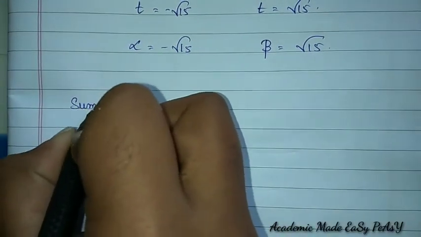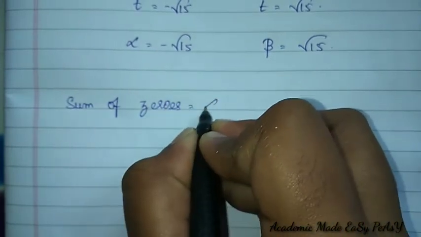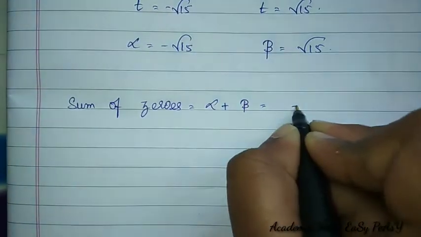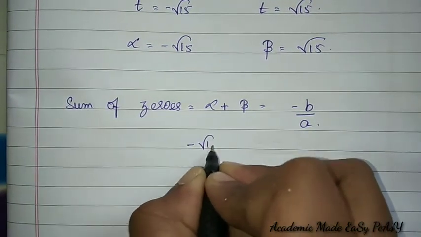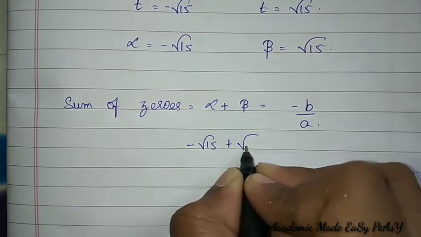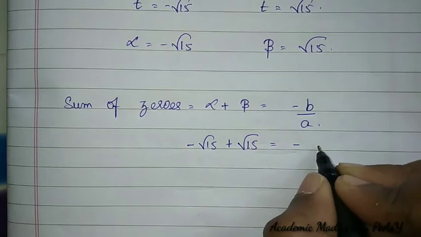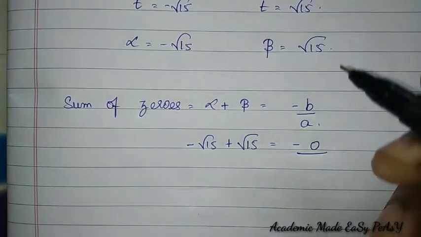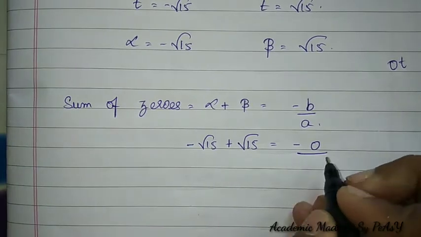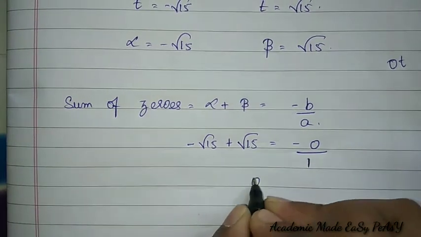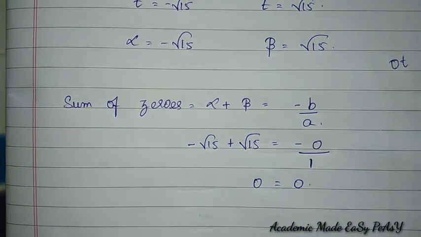So sum of zeros is equal to alpha plus beta is equal to minus b by a. What is my alpha? Minus root 15 plus beta is root 15 is equal to minus my b is 0 divided by, there is no t term, so only 0 and my a is 1. So 0 is equal to 0. 0 by something is 0. So my sum of zeros is verified.